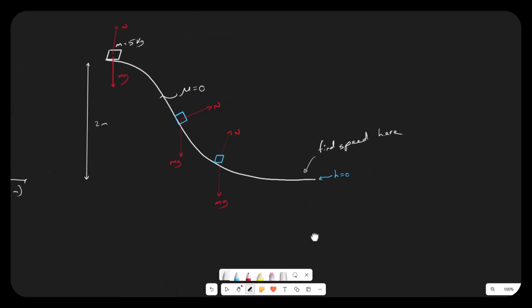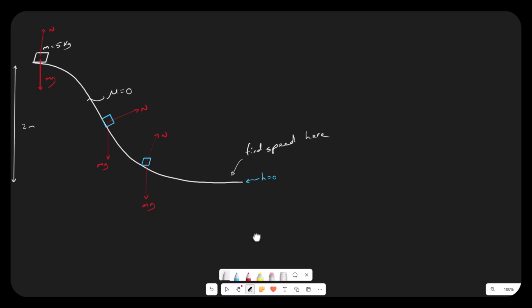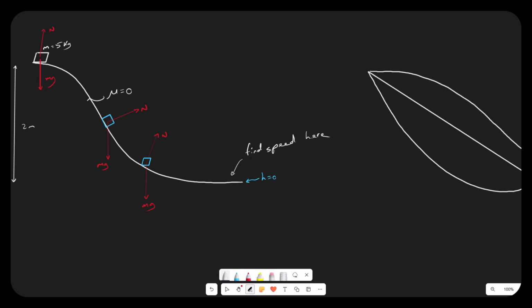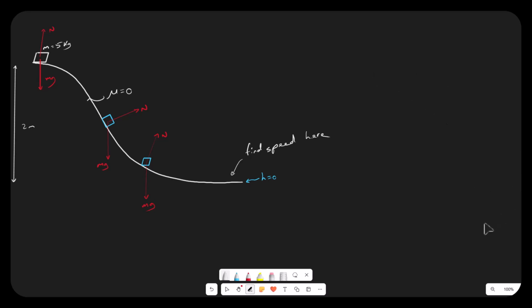But if I have a couple of different tracks, if I have this track and this track and this track, if they're all reaching the same final height, they are all going to reach the same final speed.